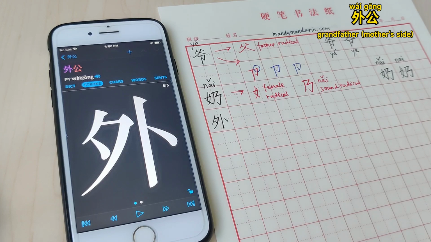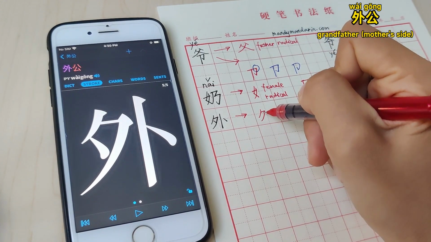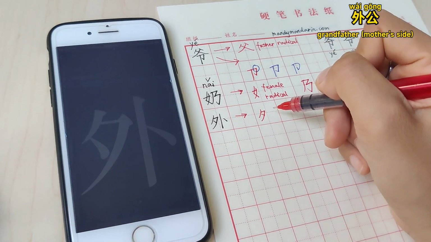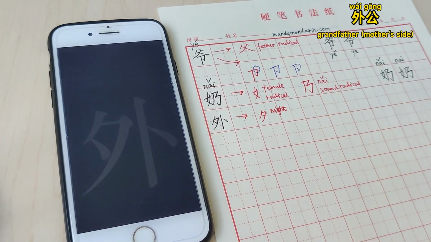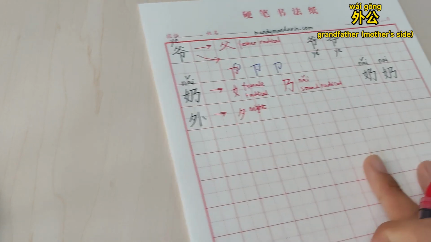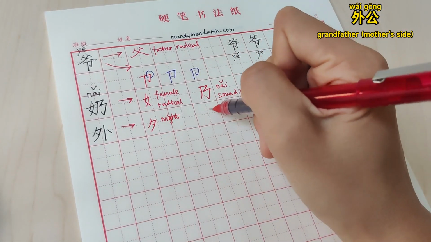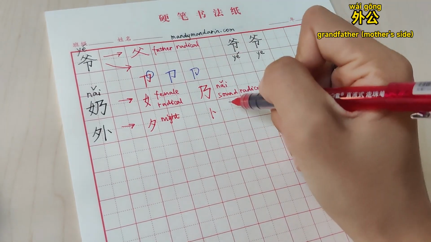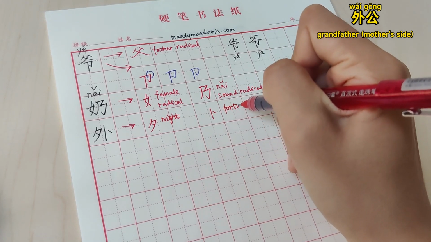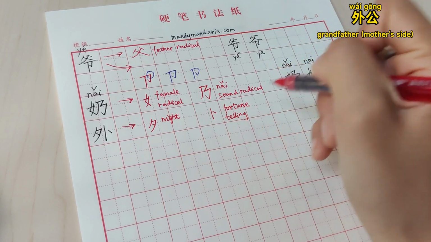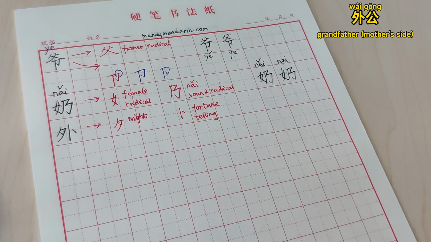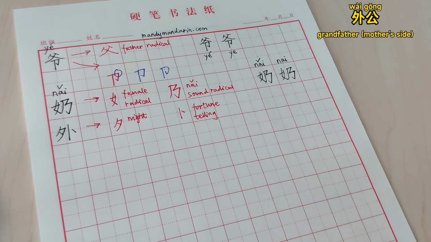Okay, very good. On the left part of it, in ancient Chinese, this part could be night. And as for the right part, it could be fortune telling. In ancient China, to do the fortune telling, normally it's based on the position of sun, moon, and star.